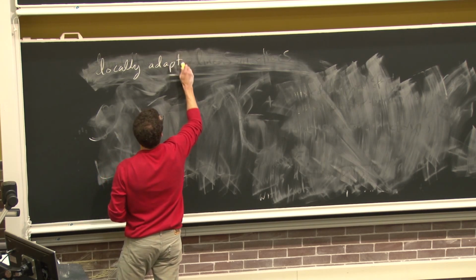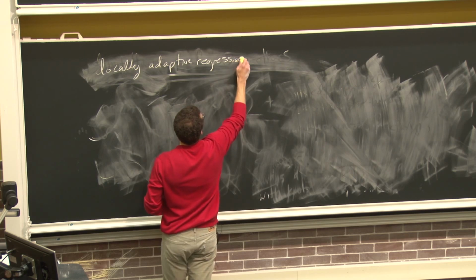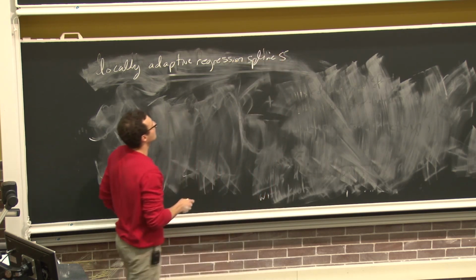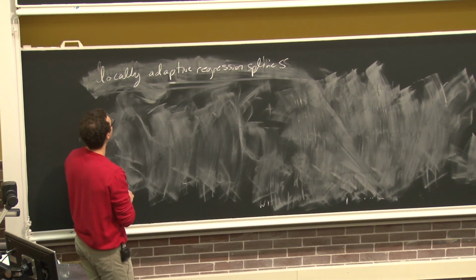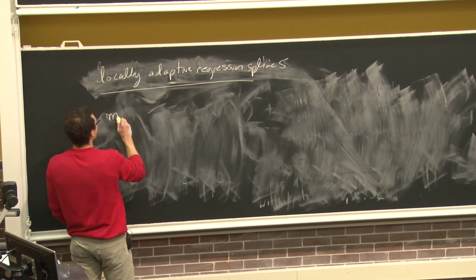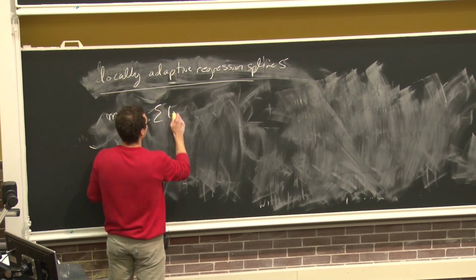Locally adaptive regression splines. So this was 1998, maybe, around the same time as the wavelets. Like smoothing splines, they're defined by a variational infinite dimensional minimization problem.